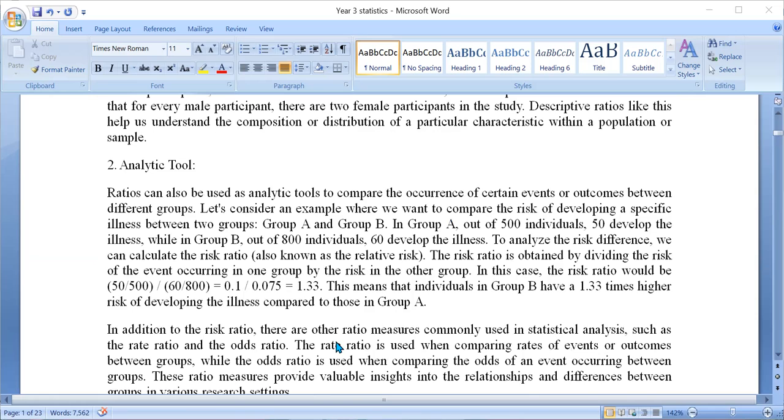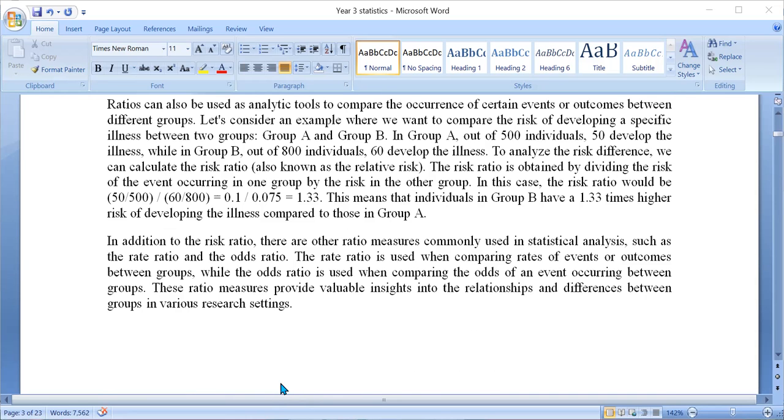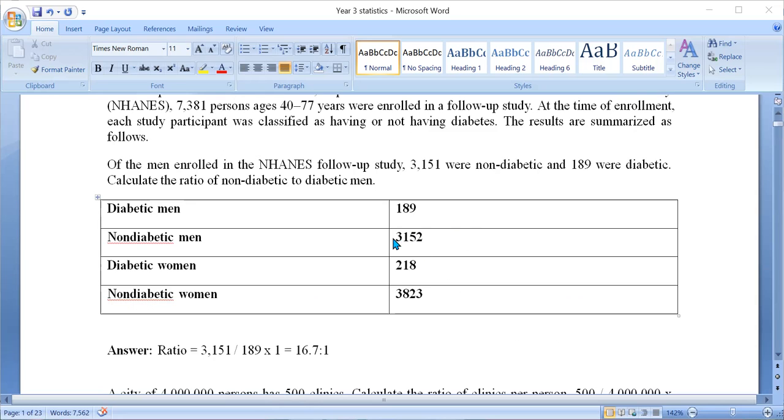And then the denominator, which is the total of those who were diabetic plus those who were non-diabetic.